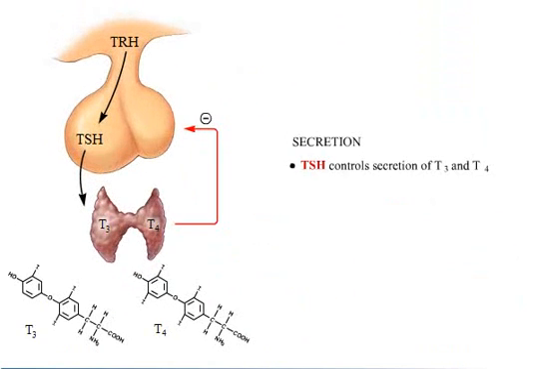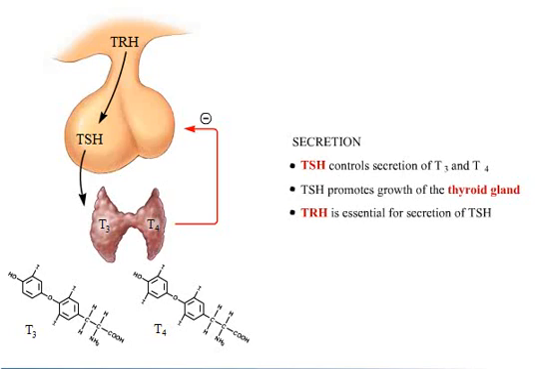Thyrotropin, or thyroid-stimulating hormone, controls secretion of thyroid hormone and promotes growth of the thyroid gland. Thyrotropin-releasing hormone is essential for secretion of thyroid-stimulating hormone. Thyrotropin-releasing hormone is secreted in a circadian rhythm. Stress may inhibit its release, but there are no known factors in adults that control its secretion.